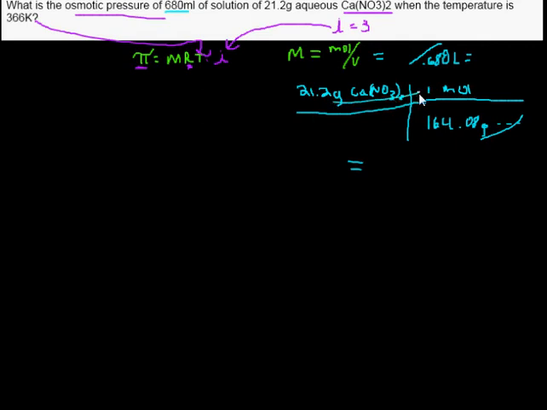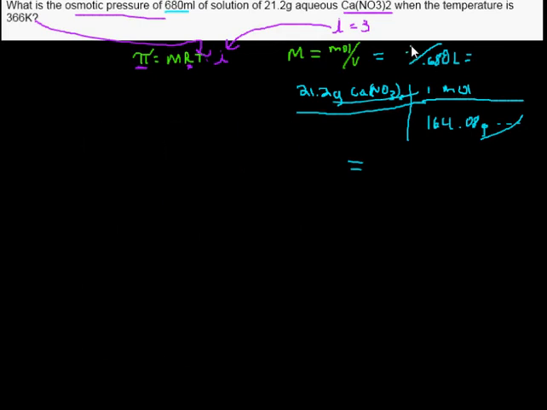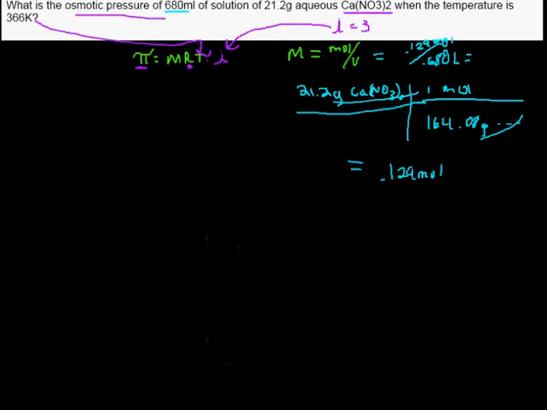That cancels, so we get units of moles left. So 21.2 divided by 164.08 gives 0.129 moles. Okay, so divided by the volume, 0.68, we get 0.19 for the molarity.